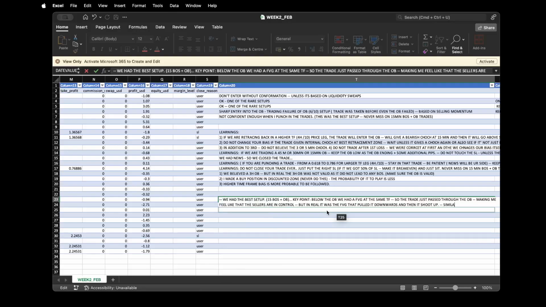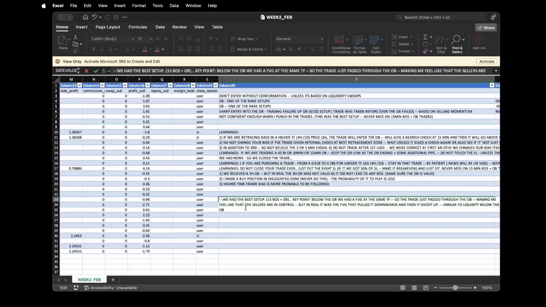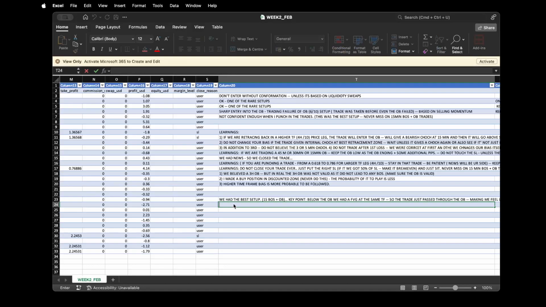So similar to liquidity below the order block. Similar to liquidity below, order block, liquidity below the order block.